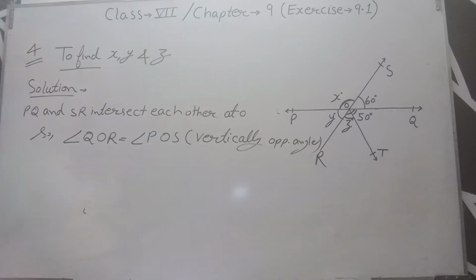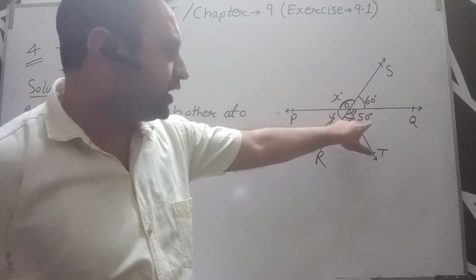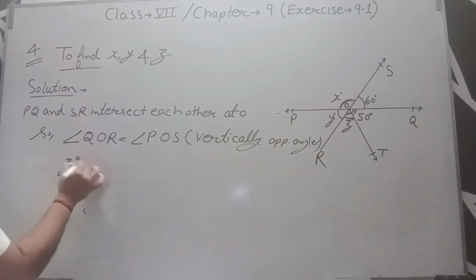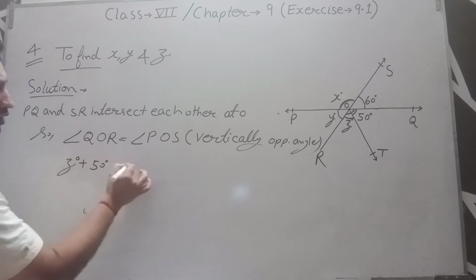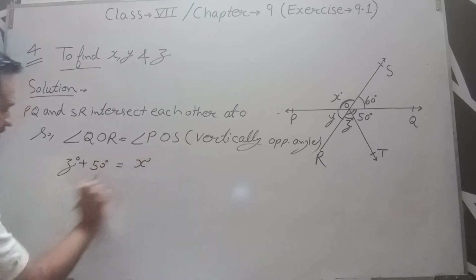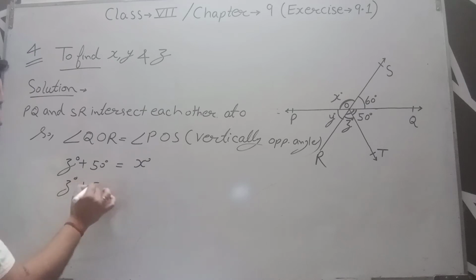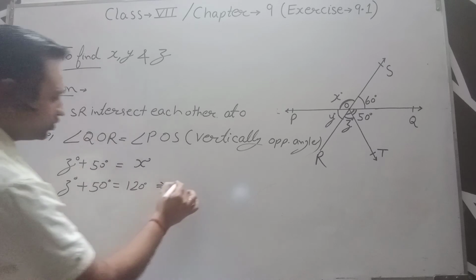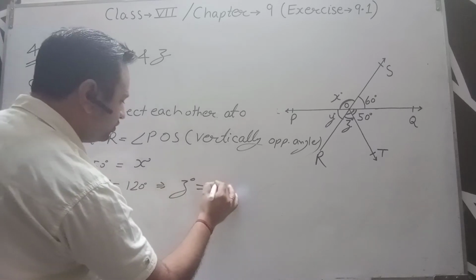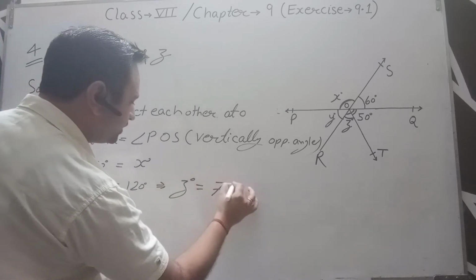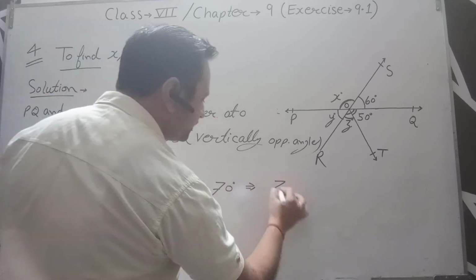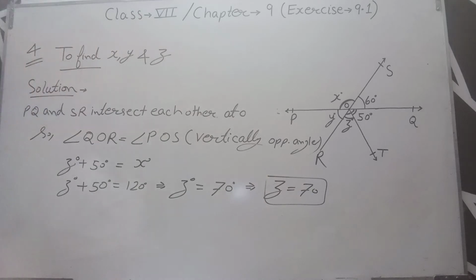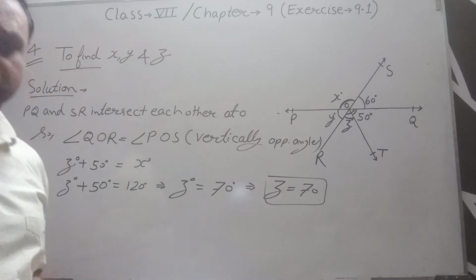Angle QOR is divided into two angles. So we note down z degree plus 50 degree is equal to x degree. And what is the value of x degree? Which is 120 degree. So z degree is equal to 70 degree. It means z is equal to 70. I hope question number 4 is clear. Just note down.